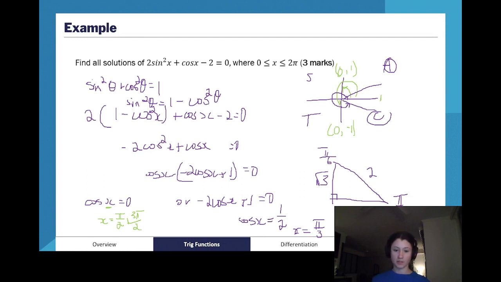And that is going to be 2 pi minus pi on 3, which is equal to 5 pi on 3. All right, so that was our solution for this question here. A little bit complicated, but nothing you wouldn't expect to come across.